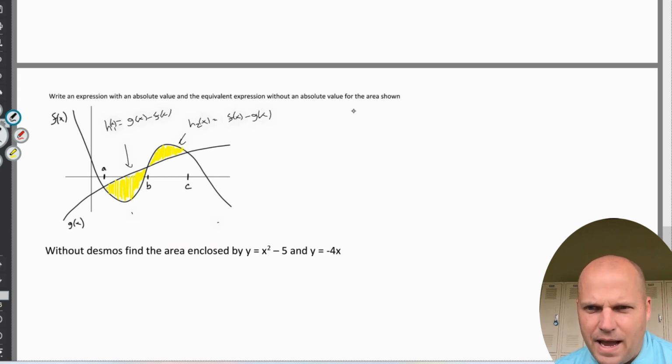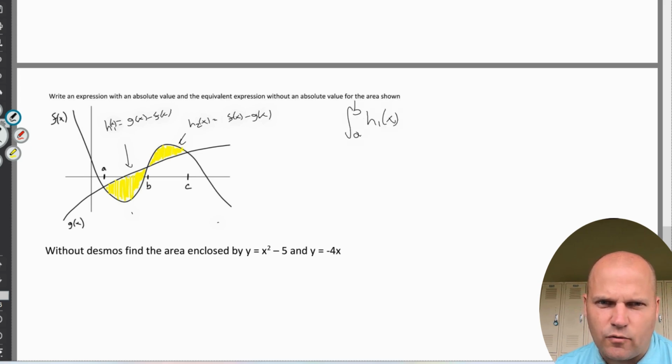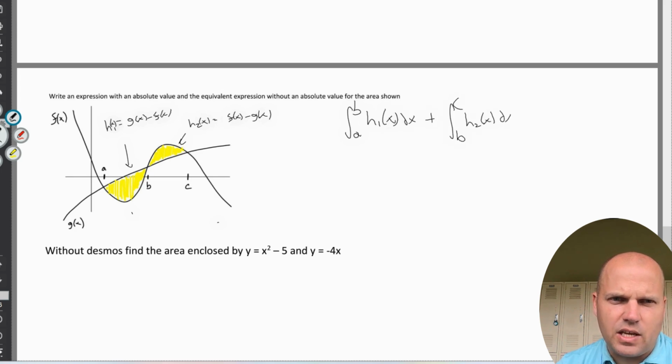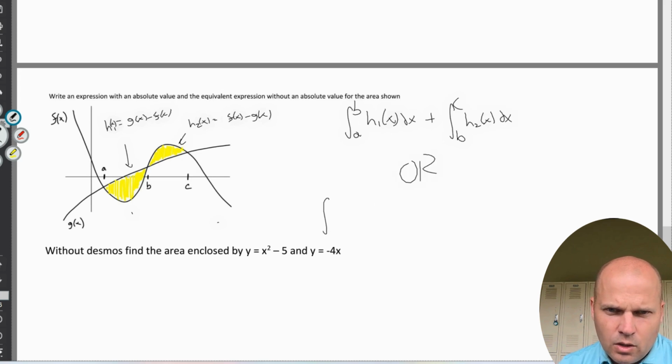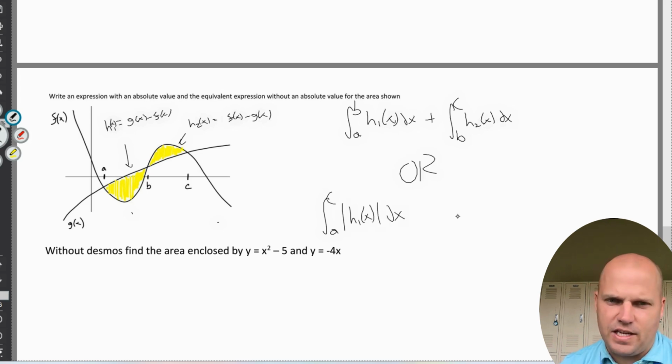So what I'm asking you to do is to understand you can use h1 from A to B, but make sure you switch to h2 from B to C. Or you could go A to C and just make sure that you use an absolute value to make sure you have positive heights, which is going to be the same as if you go from A to C and you took the absolute value of H2.